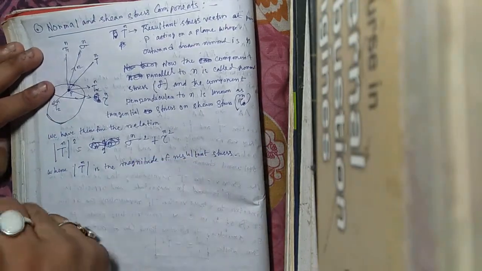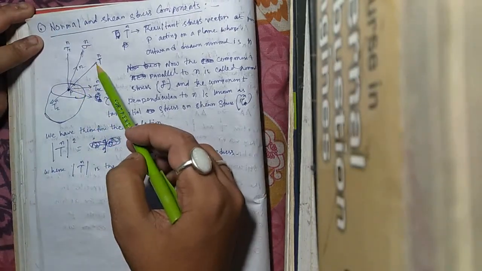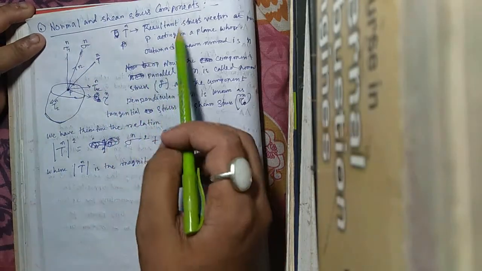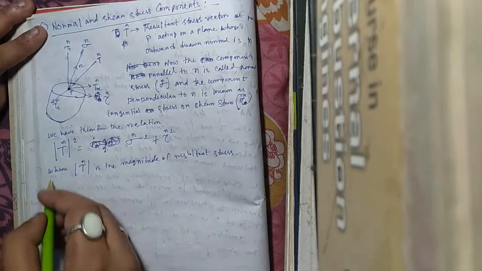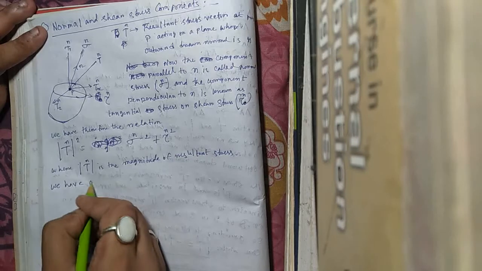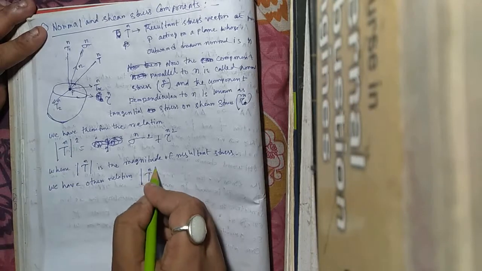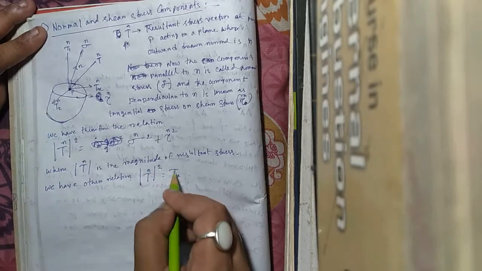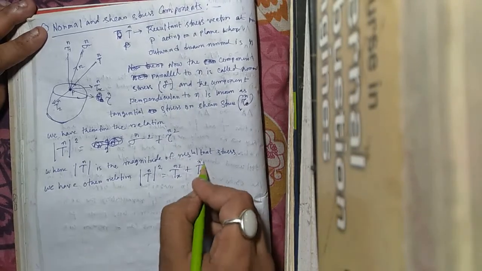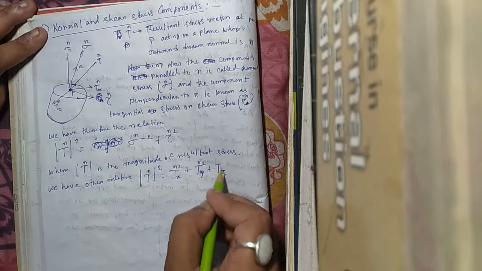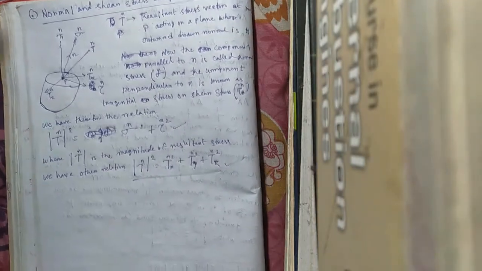As I told before, this resultant stress vector can be resolved into three mutually perpendicular components, Txn, Tyn and Tzn. So we have another relation: modulus of Tn squared is equal to Txn squared plus Tyn squared plus Tzn squared.